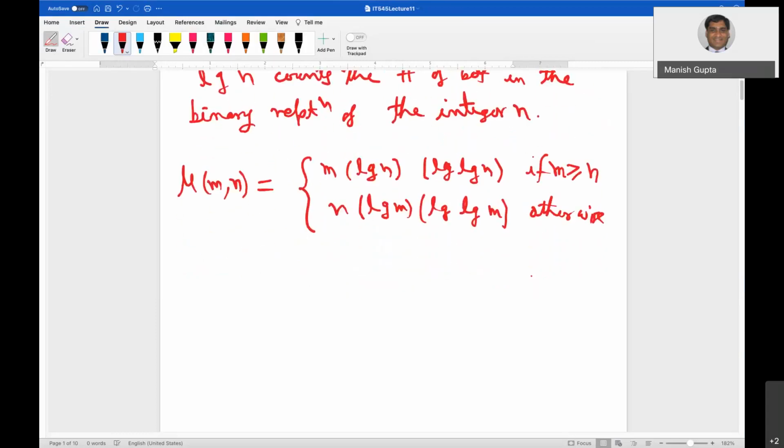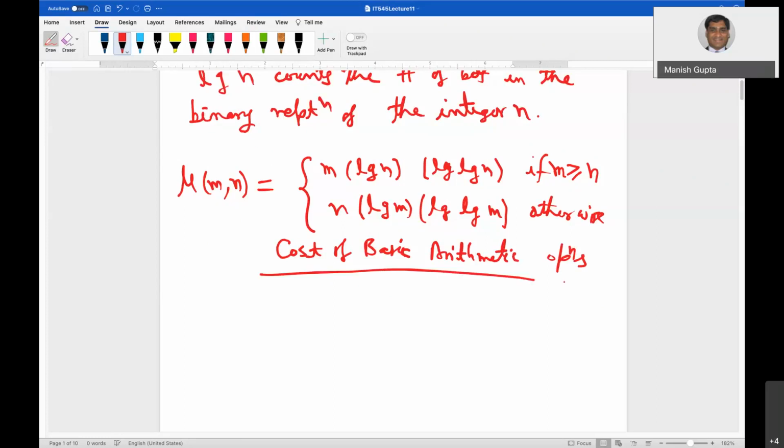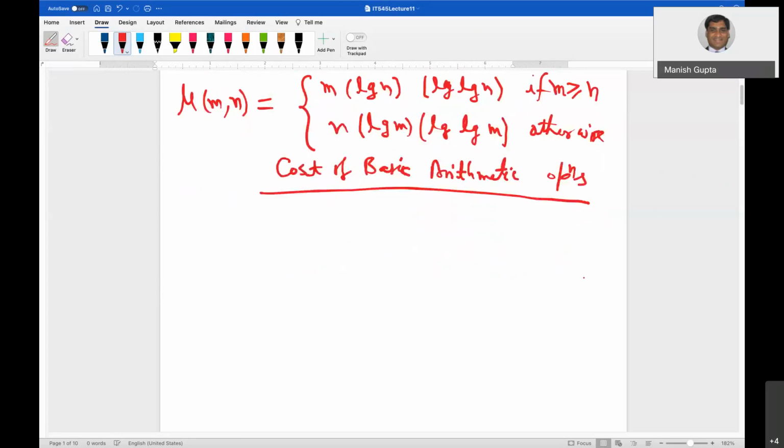Now the cost of basic arithmetic operations. Very basic operations that we know.